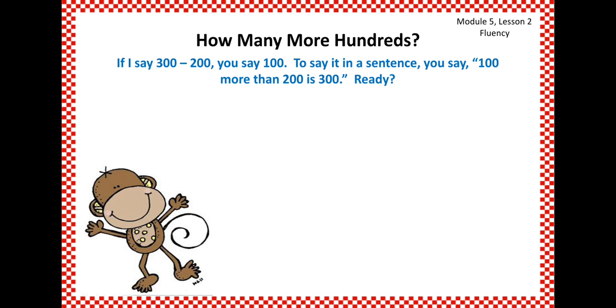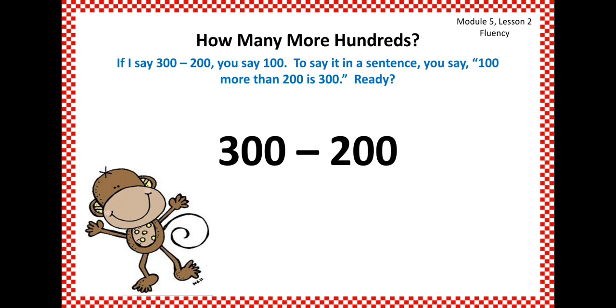How many more hundreds? If I say 300 minus 200, you say 100. To say it in a sentence, you say 100 more than 200 is 300. 300 minus 200 is 100. So 100 more than 200 is 300. 405 minus 305 is 100.